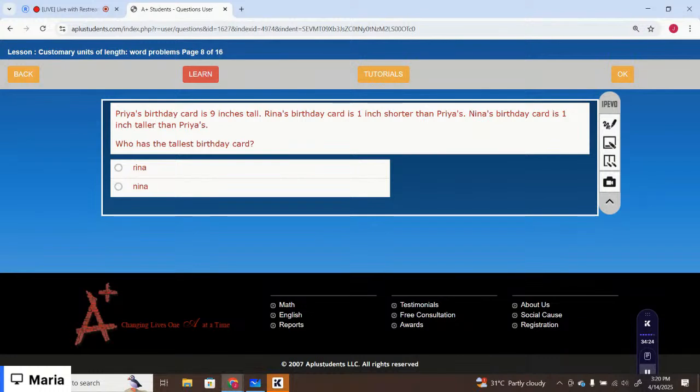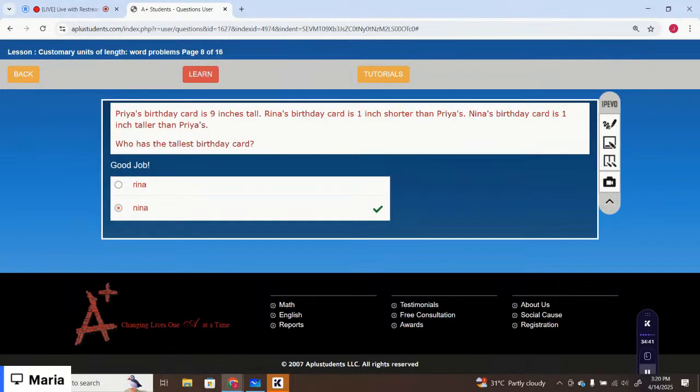Nina's birthday card is the tallest. The correct option is Nina, option number two, because Nina's birthday card is 1 inch taller than Priya's.